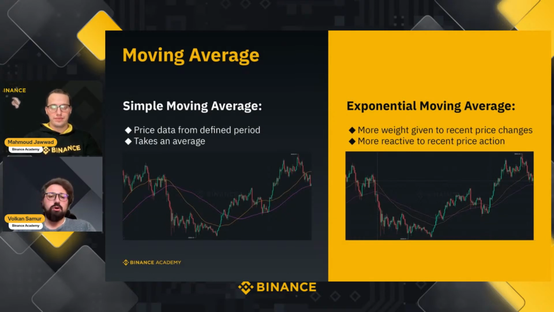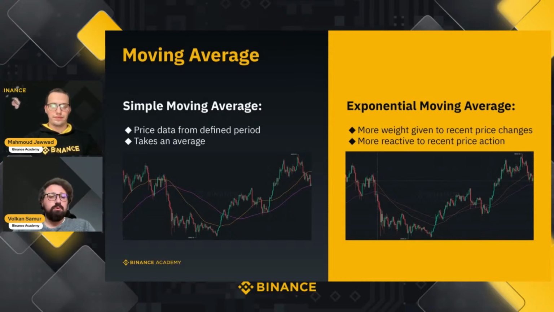The two most commonly used moving averages are the simple moving average and the exponential moving average. The simple moving average is plotted by taking price data from a defined period and producing an average. For example, the 10-day simple moving average is plotted by calculating the average price over the past 10 days.